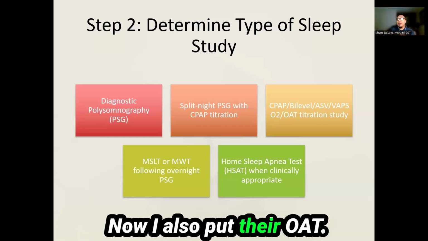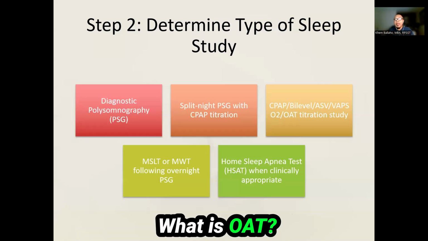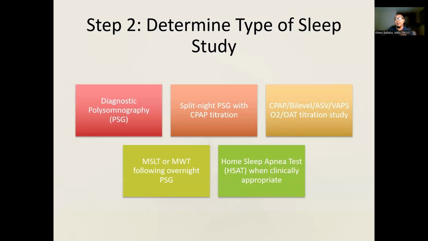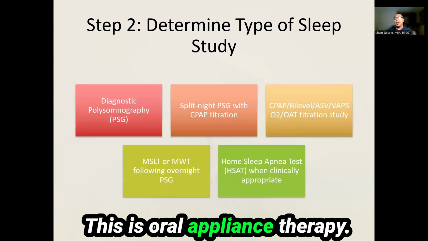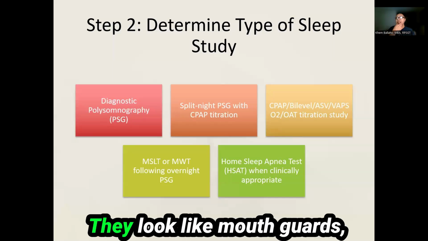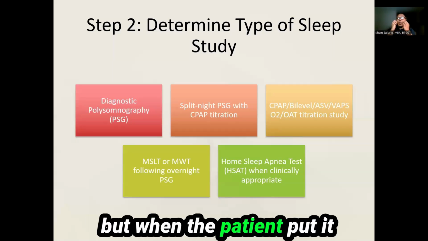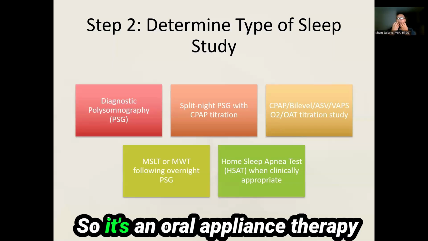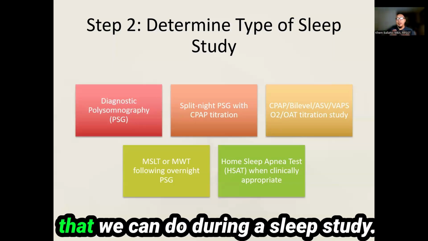Now, I also put there OAT. What is OAT? Anybody know what OAT means? This is oral appliance therapy. So these are your inserts in the mouth. They look like mouth guards, but when the patient puts it on, it moves the chin forward. So it's an oral appliance therapy that we can do during a sleep study.